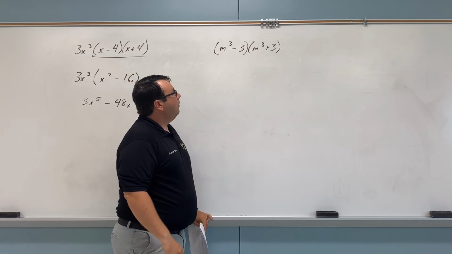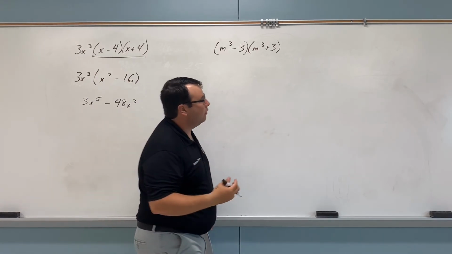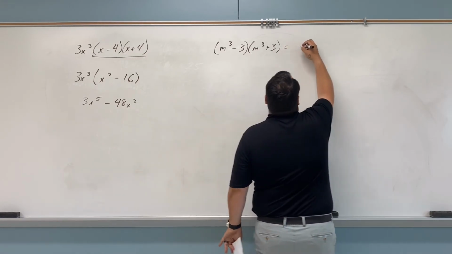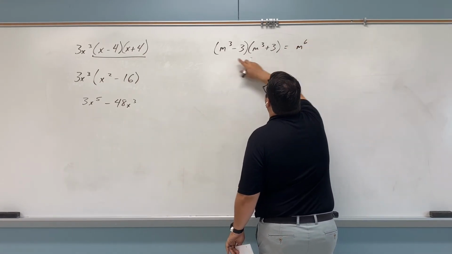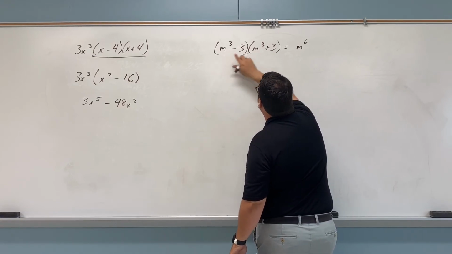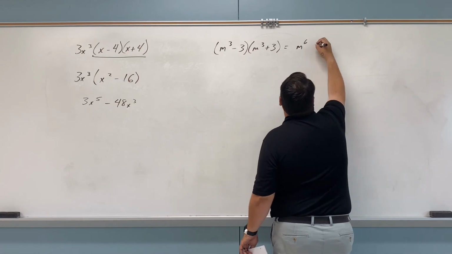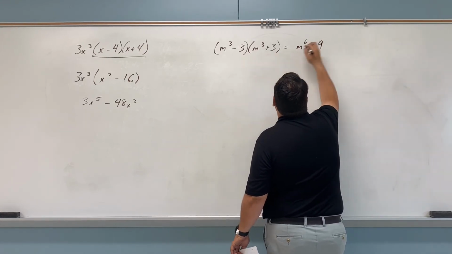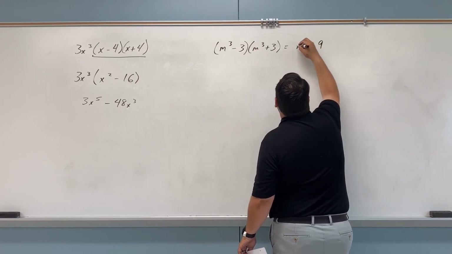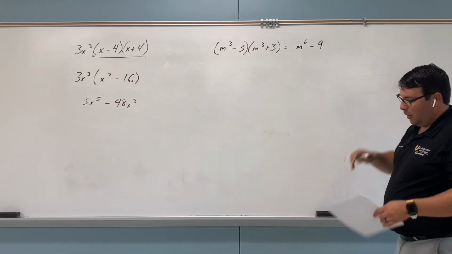Now at this point, I'm looking at my problem. They're conjugates, difference of squares, use it. So I have m to the 6th, because it's those two. Those are my terms, so my first term squared is m to the 6th. And then I have 3 squared, which is going to be 9, and I am taking the difference of those, hence difference of squares. All right, beautiful.